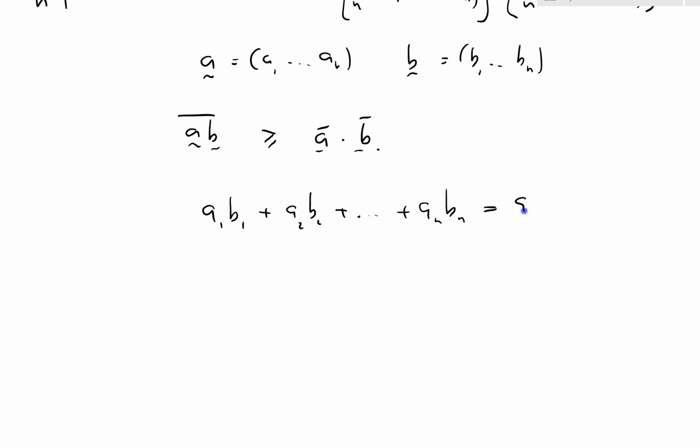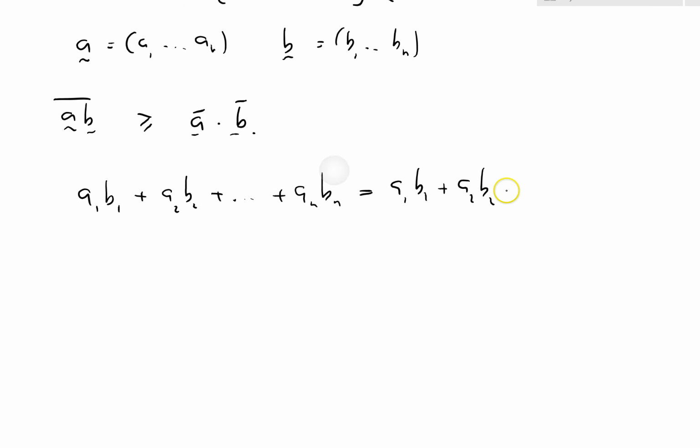That equals a1b1 plus a2b2 plus a3b3 plus ... plus anbn. Now what I'm going to do is apply the rearrangement inequality, swapping the b's, leaving the a's on their own.